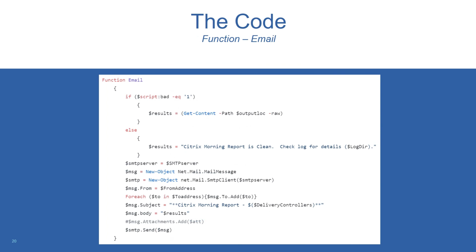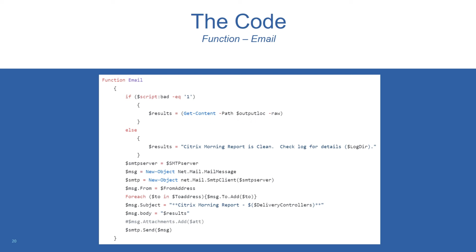Here's the email. Basically, right here, if script is bad, and we have this at the end of every function, if we get variables for a specific something, then we say the script is bad and it equals 1. If it equals 1, then we're going to get the content of the transcript file from our output location.